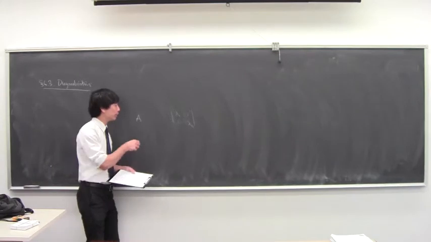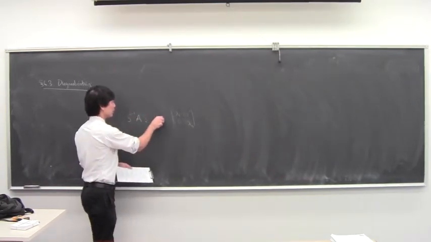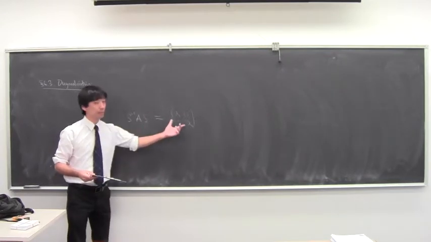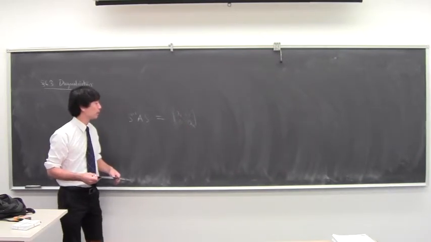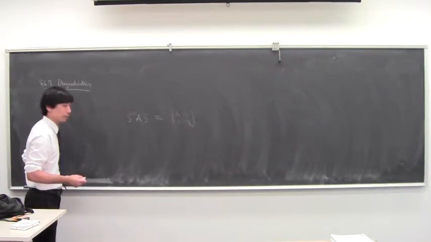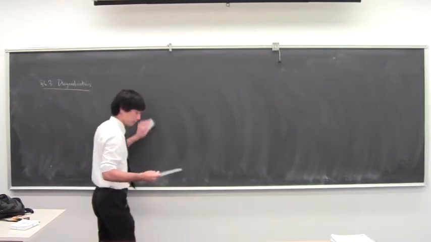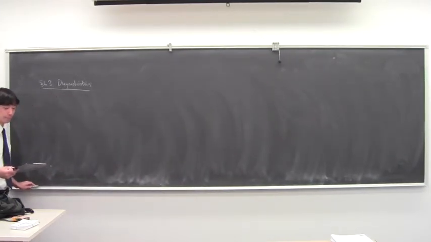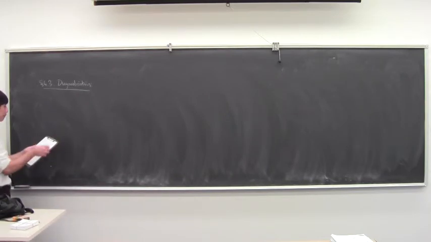What you're really hoping for is that you can take your matrix and it turns out to be similar to this diagonal matrix. That's secretly what you're hoping for, and sometimes it happens. So we'll see certain cases in which it does happen.